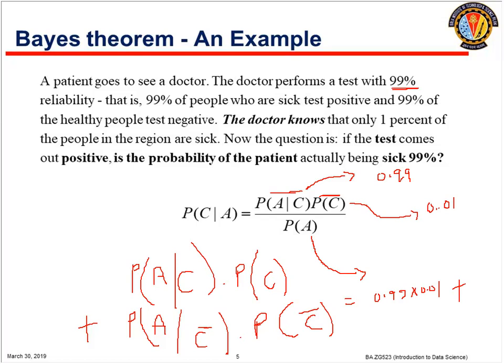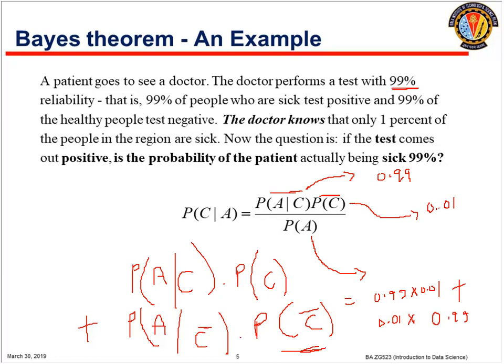So that means there is a 1% chance that he will test positive, that is 0.01, into the probability of the person not having the disease. Now that is the general case. We know that 1% of the people suffer from the disease, so 99% of the people don't suffer from that disease. So 0.99 is the probability of the person not suffering from the disease.